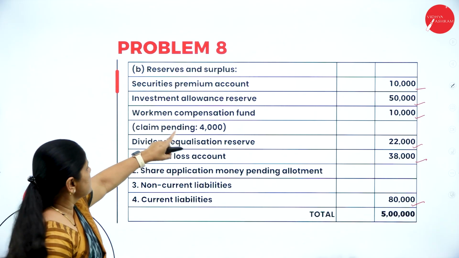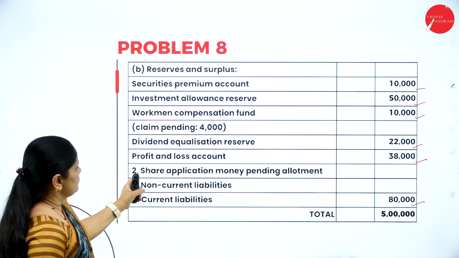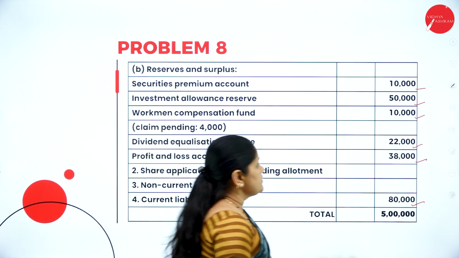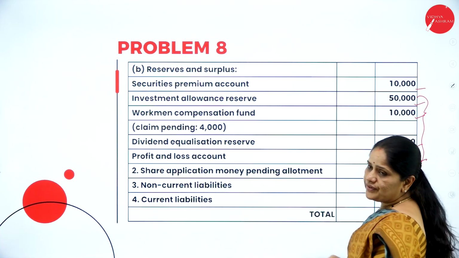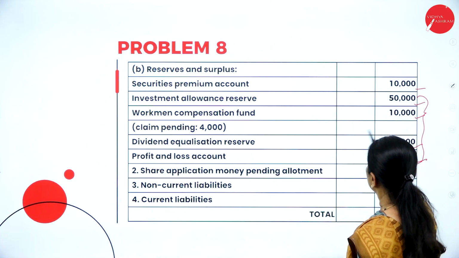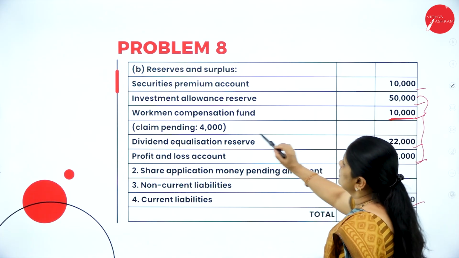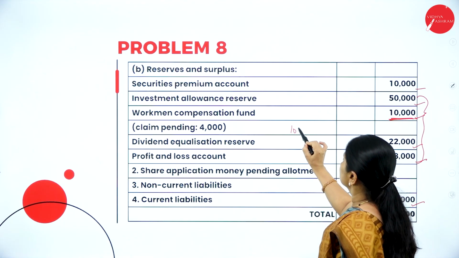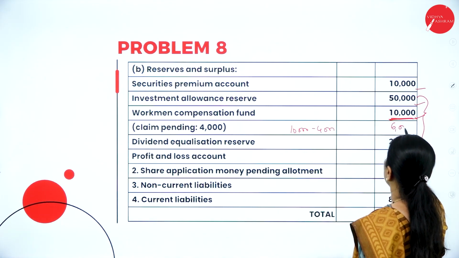Next we have these reserves here: investment allowance reserve, workman compensation fund, dividend equalization fund, profit and loss account. So all these reserves we can make use of. They are all divisible profits. But here workman compensation fund is 10,000. Out of this there is a claim of 4,000. So 10,000 minus 4,000, 6,000 we can make use of.